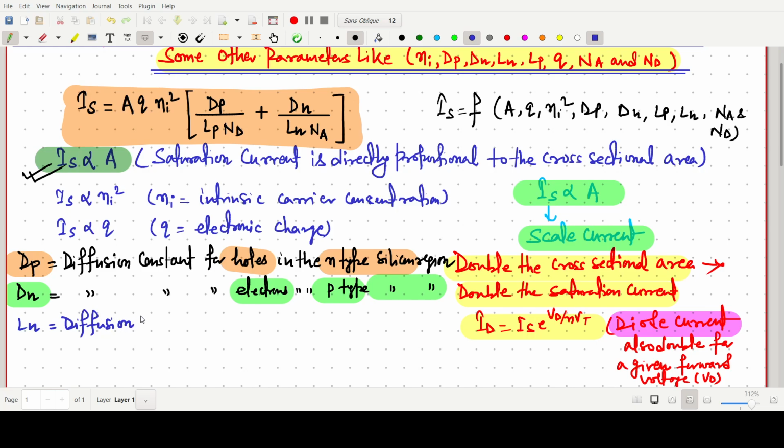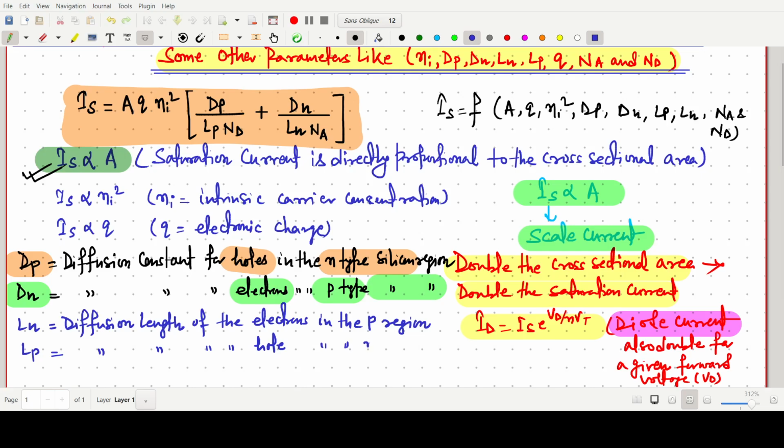Ln is the diffusion length of the electrons in the p region, and Lp is the diffusion length of the holes in the n region.